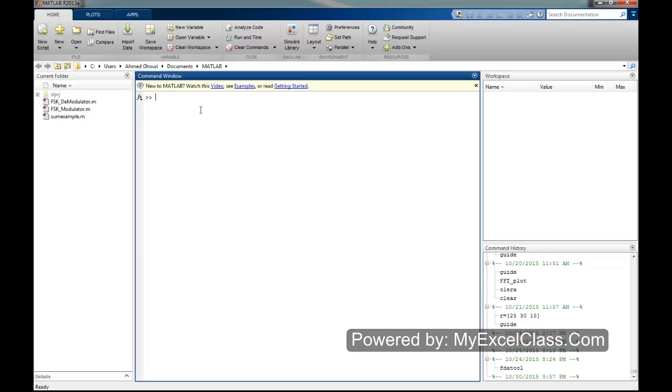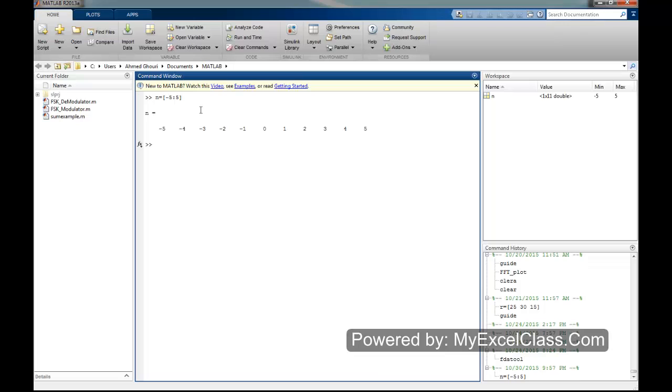So first of all, like before, I'll create a linear vector which will vary from minus 5 colon plus 5, bracket close. So you can see n is now a single row vector starting from minus 5 to 5. Now I'll implement the equation. So small x is equal to 2 multiplied by impulse sequence.